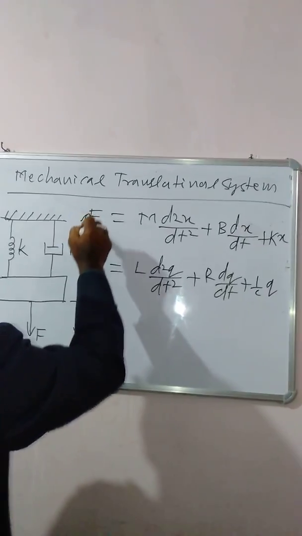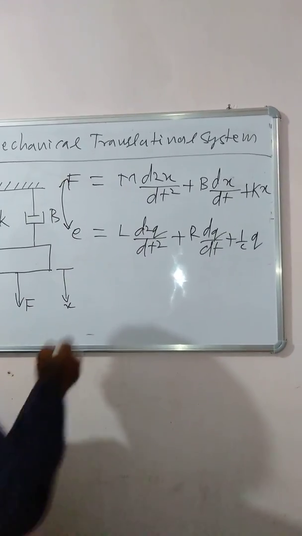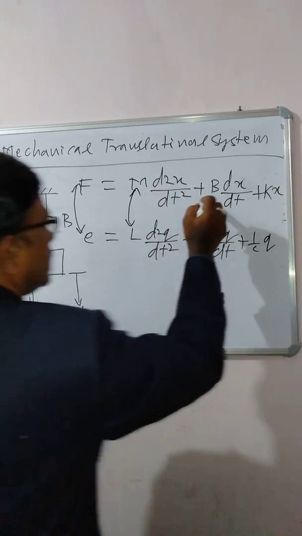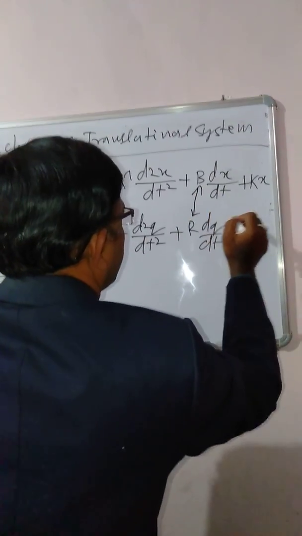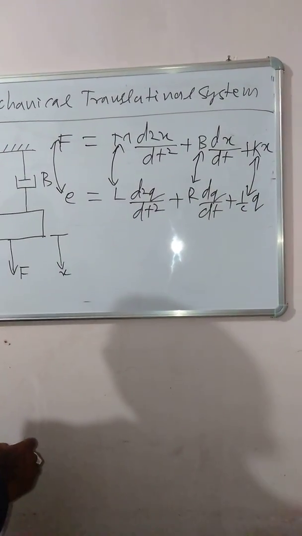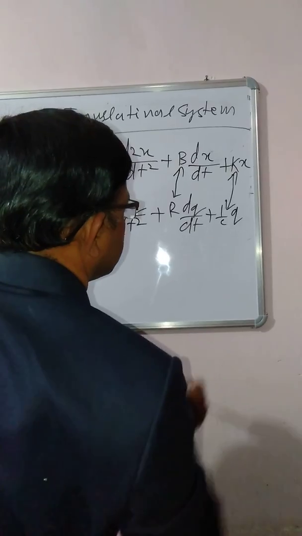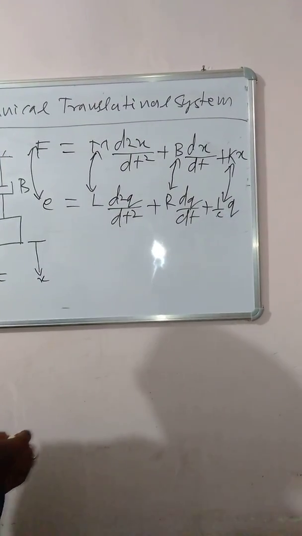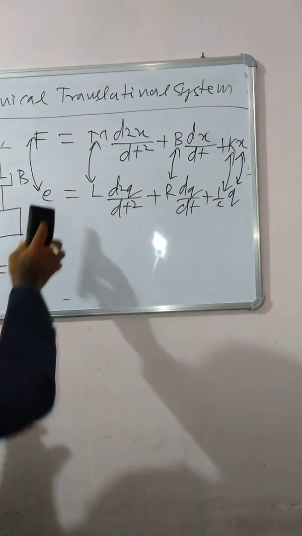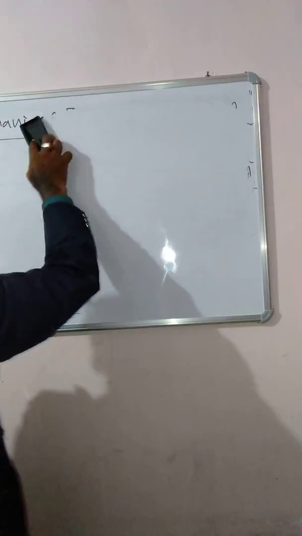Force is analogous to voltage, mass is analogous to inductance, b is analogous to R, k is analogous to 1 by C, and x is analogous to q.